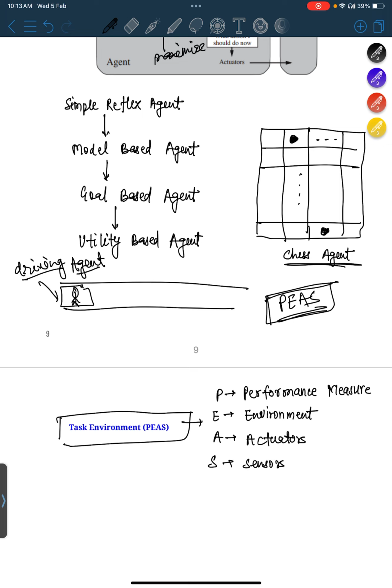Using these four things, we can uniquely define an agent's behavior: where it's working, what functionalities it has, what the task is, what performance measure it is trying to maximize, how it takes input, how it generates output, and so on. All these details can be defined using PEAS.